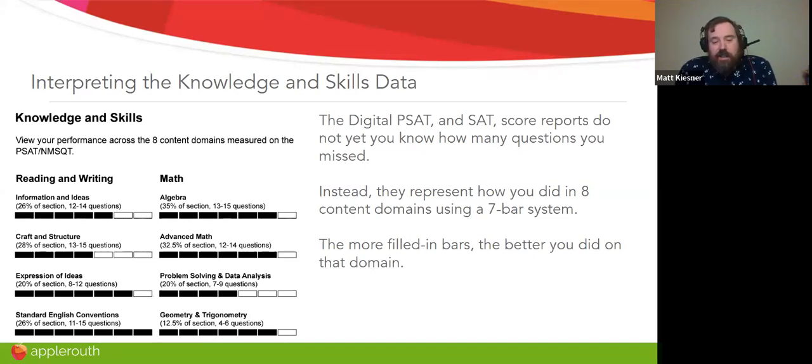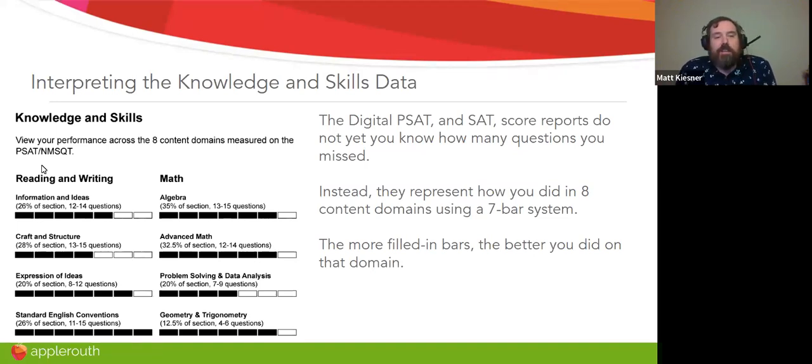It takes less time to do. The sacrifice is that you really get very little feedback on how you did. So instead of telling you there were 54 or 57 questions in the reading and writing modules and you missed 10 of them, they're no longer doing that.